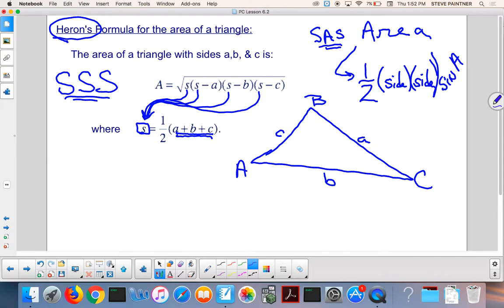And that's what S is. I usually call S, this is just me, the half perimeter, and that's all it is to me. That's really important that you can find that number. If you can't find that number, you can't really use this formula. This is only used to find the area of a triangle given three sides.